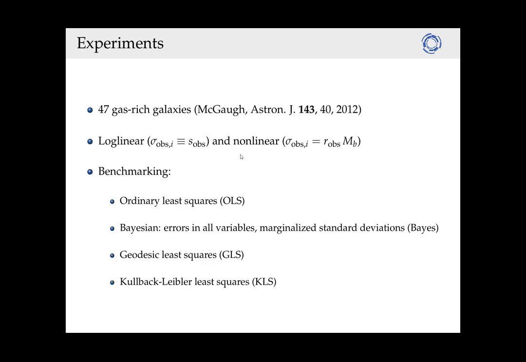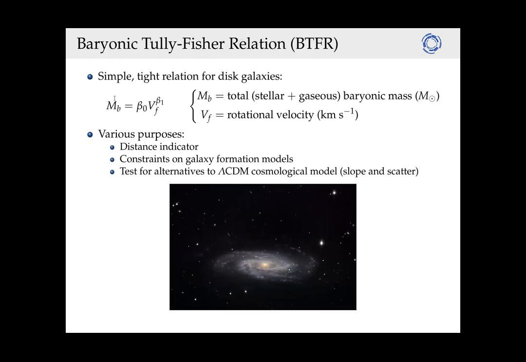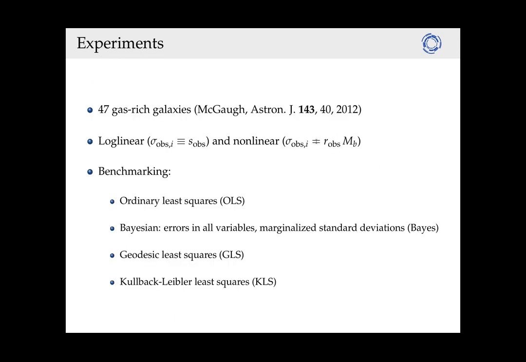That means if you do nonlinear regression on the original scale, you actually assume that the observed standard deviation is proportional to the measurements of the response variable, and that is then parameterized by this parameter R obs. So proportional on the original scale, that means a fixed uncertainty on the logarithmic scale.